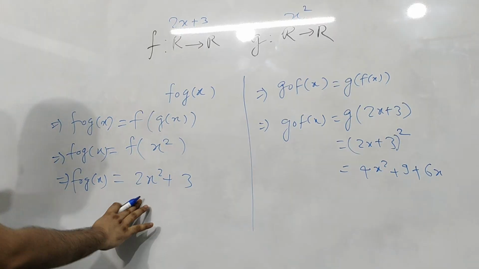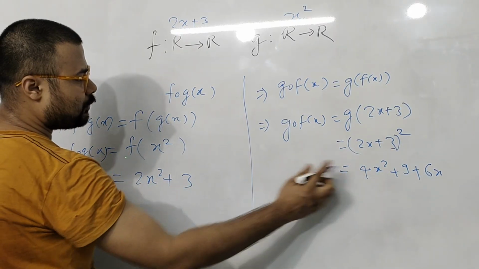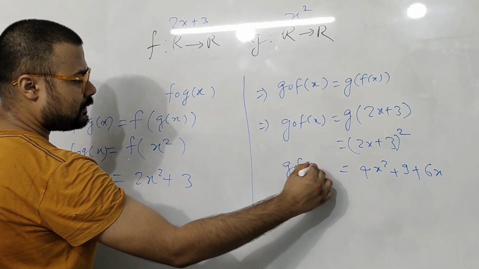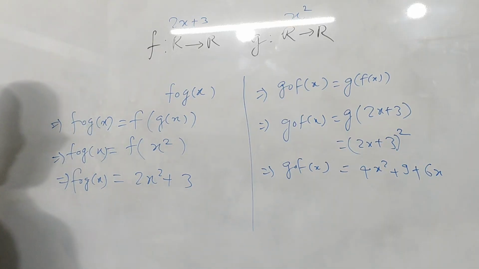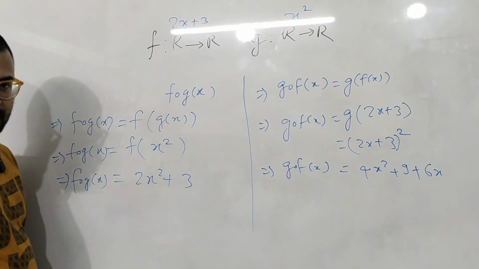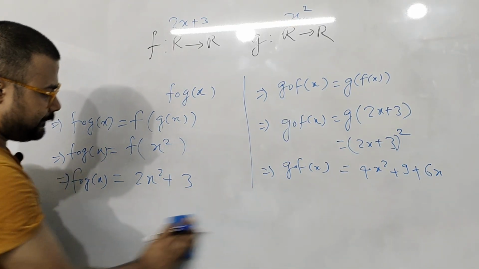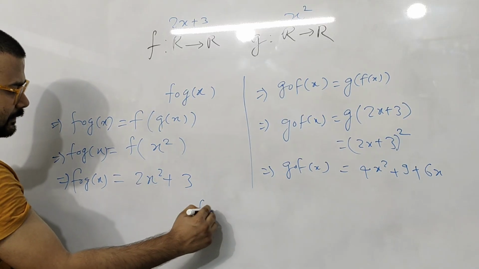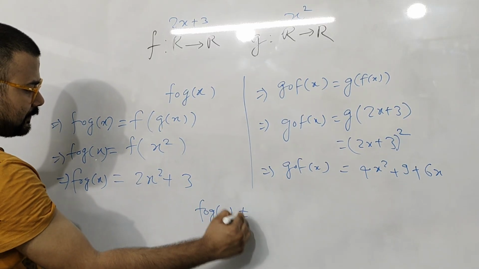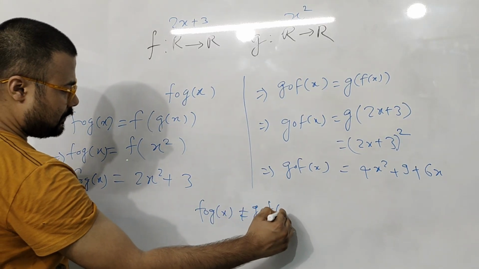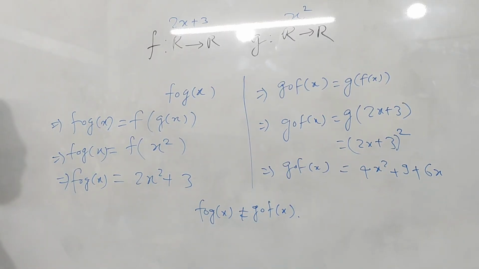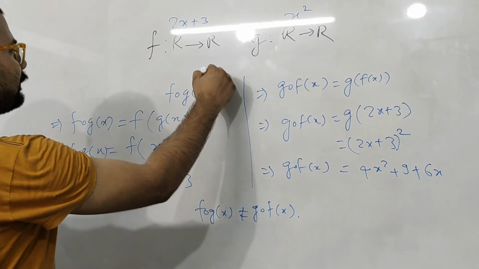Clearly 2x square plus 3 and 4x square plus 6x plus 9 are different, so fog of x is not equal to gof of x. So fog and gof are not commutative.